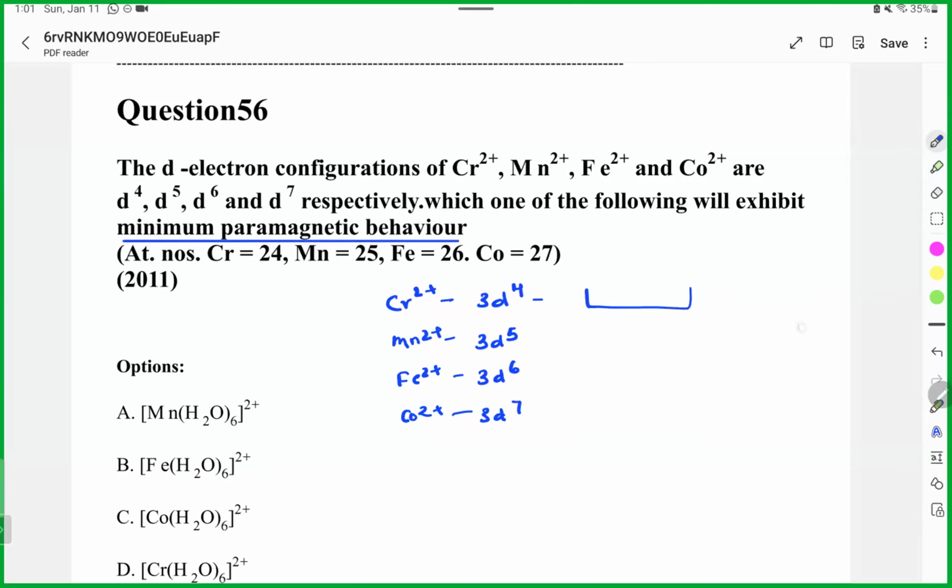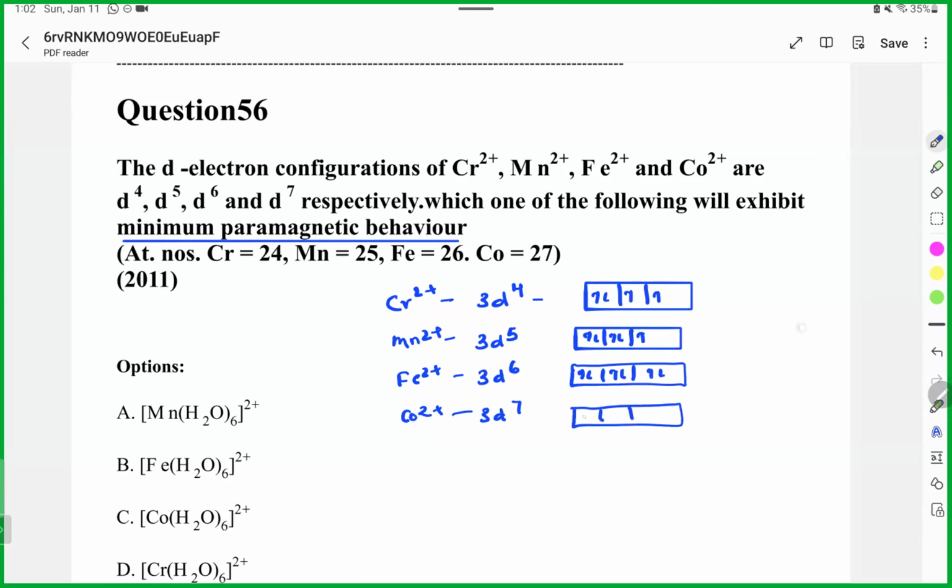In this case, 1, 2, 3, 4, 5, and you have 6, so everything is paired. In the cobalt case there will be 7 electrons: 1, 2, 3, 4, 5, 6, and then the 7th. So where you have minimum paramagnetism, it should be iron, because no unpaired electrons.